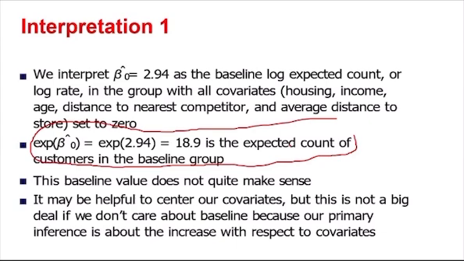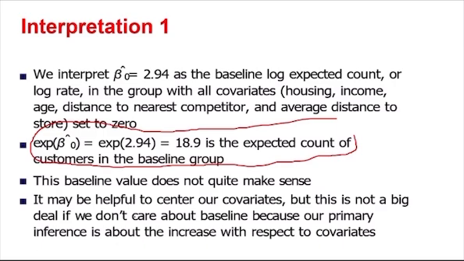That is the baseline. But like I said, when you're talking about a region, it is not possible not to have housing in the region. It is not possible not to have somebody with income. It is not possible for all of that to be equal to zero. That is why we normally say that it doesn't really make sense. But we still need to interpret the way we've been interpreting.